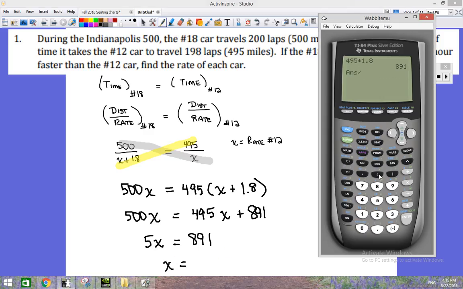Divided by 5, that gives 178.2. That's miles per hour.